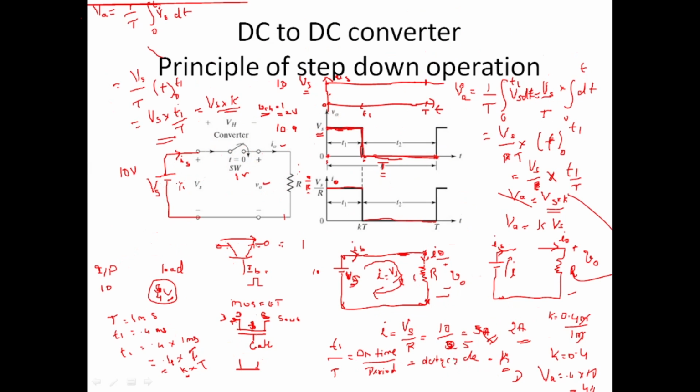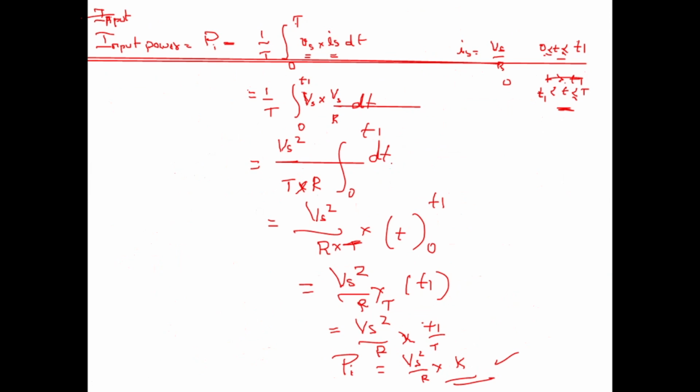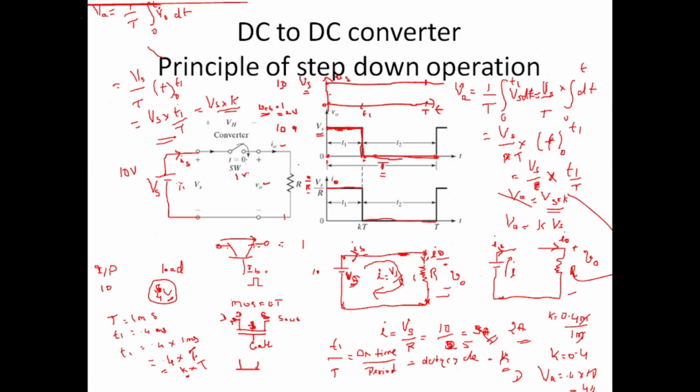That is the reason we got the same formula for output power and input power, Vs squared by R into K. We got the same formula only because we assumed the chopper loss is 0, meaning the on state drop of this switch is 0. But it is not actually 0. Only for simplification of calculations are we assuming it as 0. This we should keep in mind.